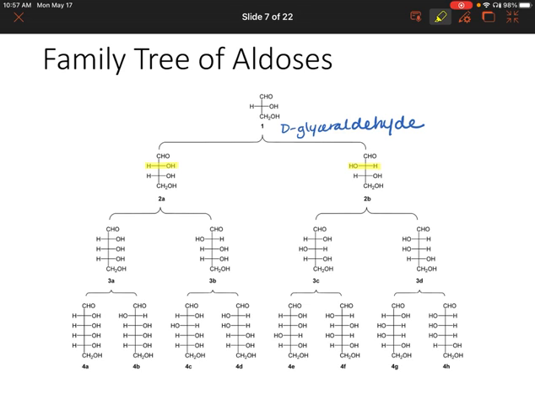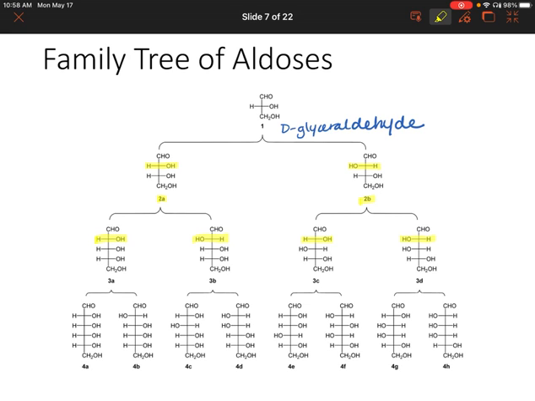Let's say we then add another chiral center. So if we look at 2A here, the next chiral center could either have OH to the right or to the left. And then if we look at 2B, again, we could either have an OH group to the right or to the left.